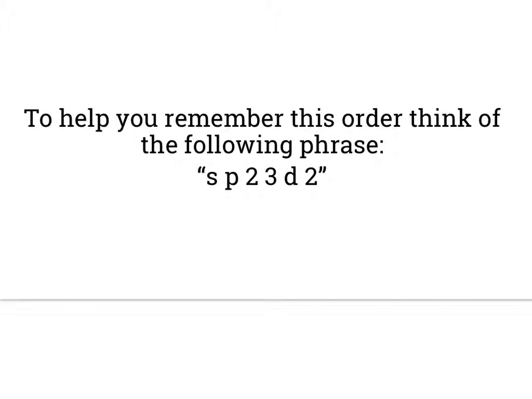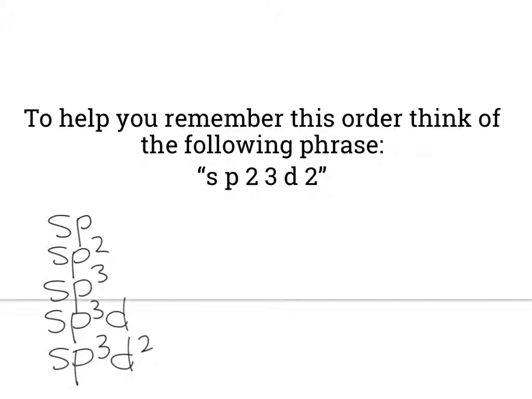Now this following phrase has actually helped me learn this. I learned this in high school, got it from my mom. It works. It's basically sp2 3 d2. Now, let me remind you what the actual order of the hybridization looks like. If you remember that every new level of hybridization is building on the previous one, then this helps.